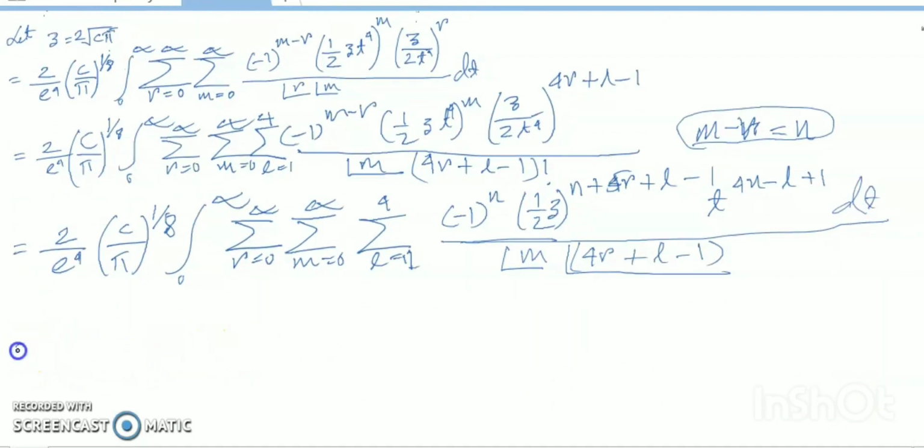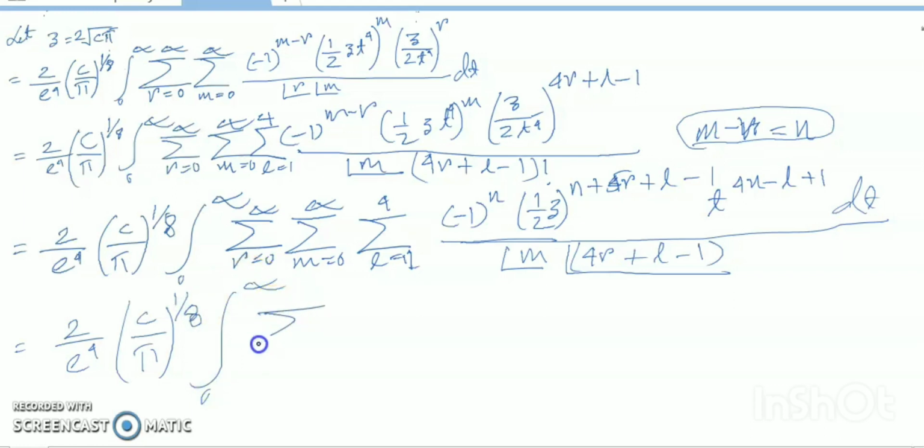So now we can write 2 divided by e to the power 4, (c by pi) to the power 1 by 8, into 0 to infinity, summation r equals 0 to infinity and m equals 0 to infinity, this portion.